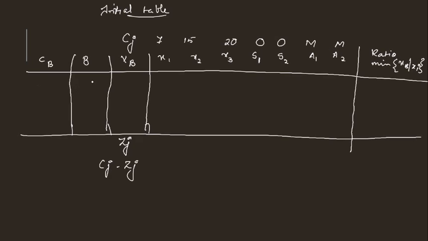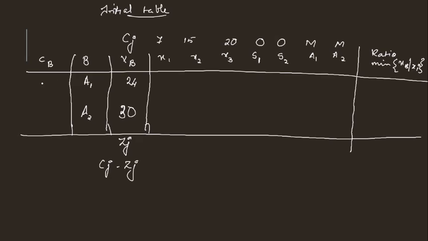Now here in the basic variables we are going to introduce the artificial variables a1 and a2. Then xb. I hope you know what is xb, the right hand side of your inequalities. So it is 24 and 30.